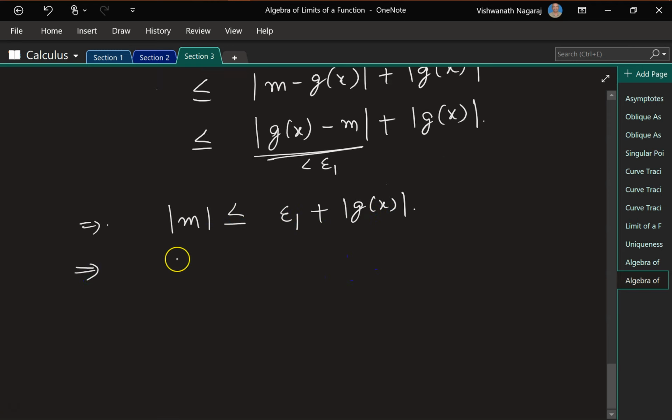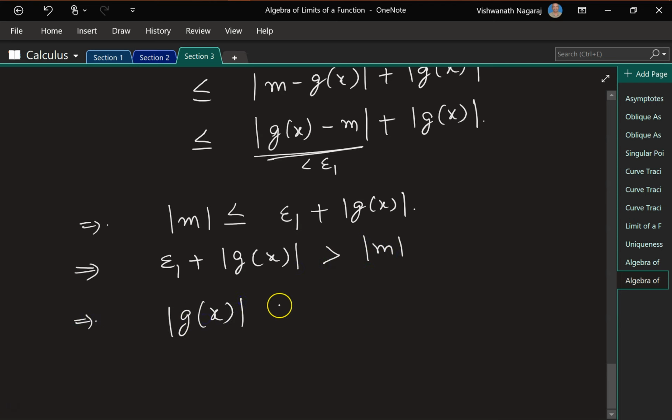Now this implies epsilon 1 plus |g(x)| is greater than |m|, which implies |g(x)| is greater than |m| minus epsilon 1. Again, we still keep carrying the condition: it's between 0 and delta 1.